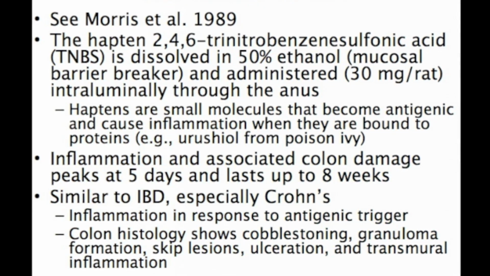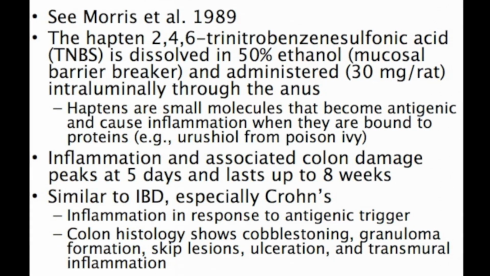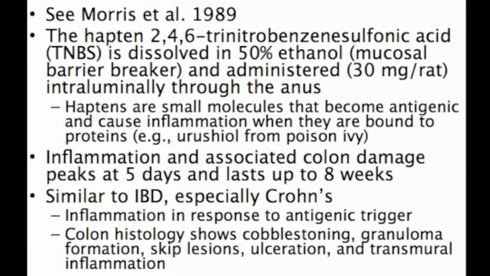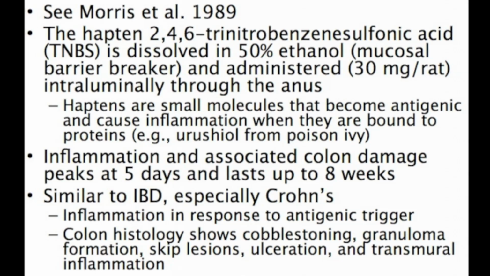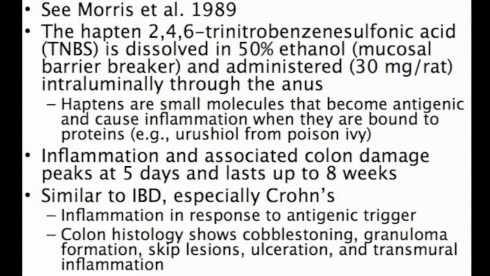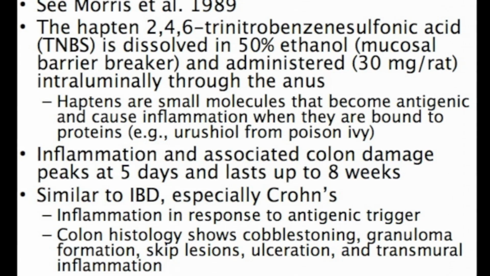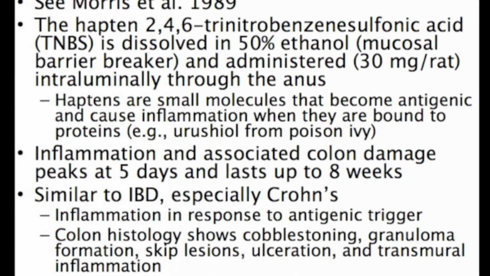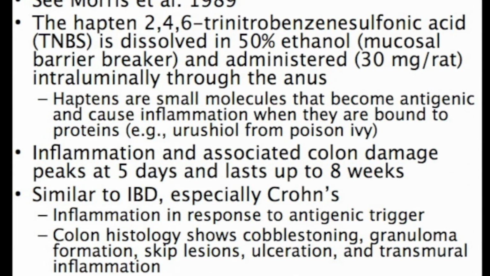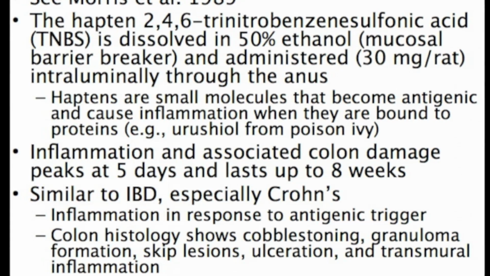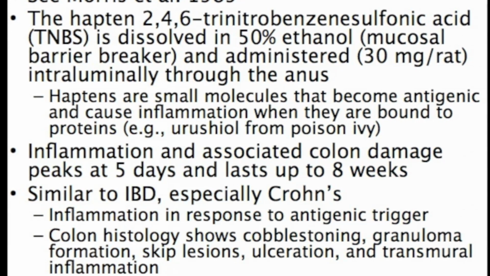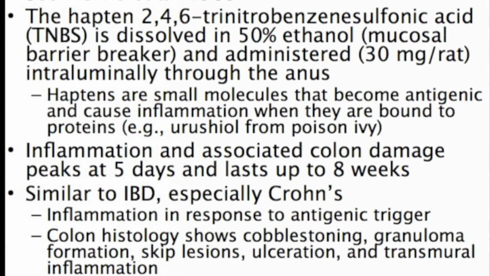The hapten that we use is called TNBS. Most of our experiments we do on day 0 and then day 5. It looks a lot like Crohn's disease, which makes sense because it's thought that Crohn's disease is immune, but not autoimmune. It's caused by antigens in the colon, in the lumen.